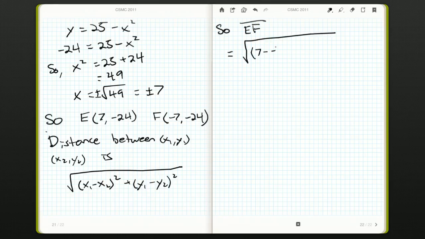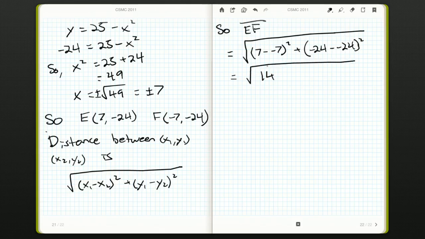So 7 minus negative 7 squared plus negative 24 minus negative 24 squared. And we can see this is going to end up being 0. So square root of 14 squared plus 0 squared. So square root of 14 squared, 196, and that's going to be 14.